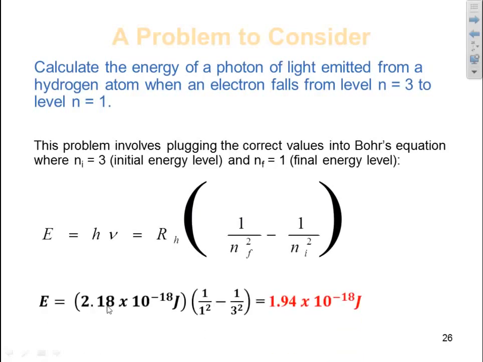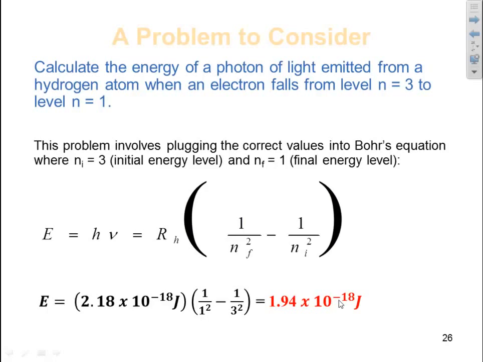RH, remember, is 2.18 times 10 to the negative 18 joules. Our final is 1, so that's 1 divided by 1 squared, minus our initial is the third level, 1 divided by 3 squared, which gets us 1.94 times 10 to the negative 18 joules. This is the amount of energy associated with an electron going from n equal 3 to n equal 1. That would be the amount that has to be emitted.